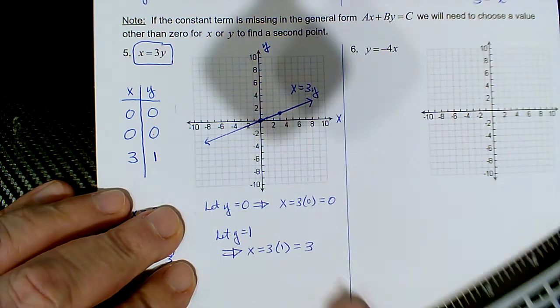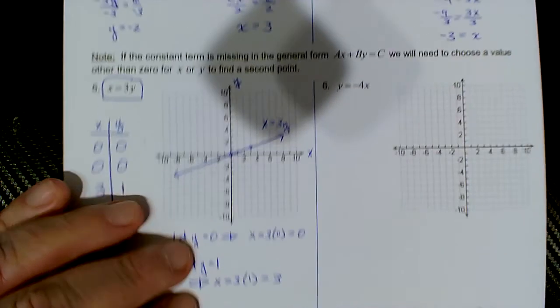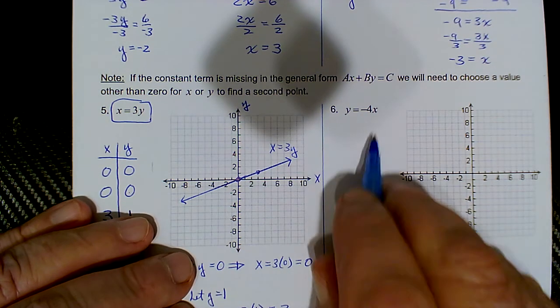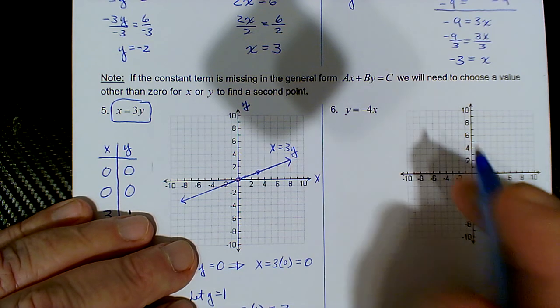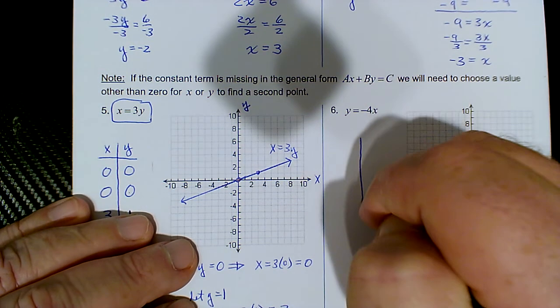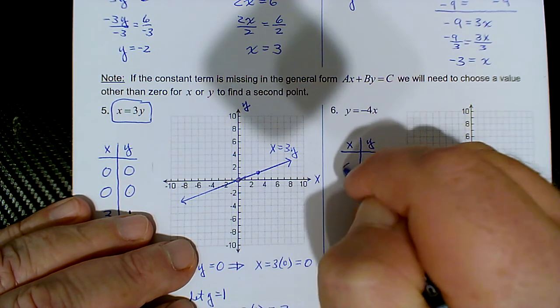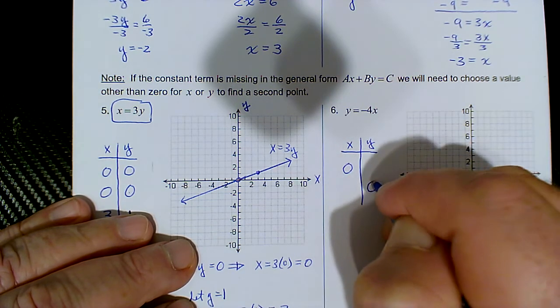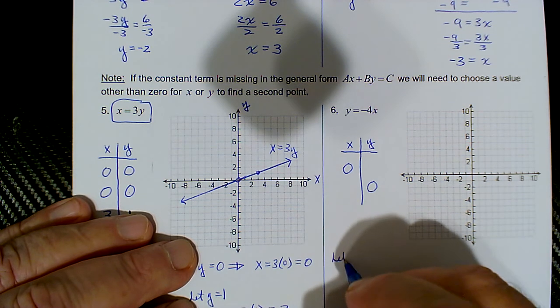Just to show you all about different types of situations, here's y equals -4x. Notice that the constant is missing. So we might know right away what's going to happen. That is, if we choose a 0 for x and a 0 for y, we're going to get the same thing, the origin.